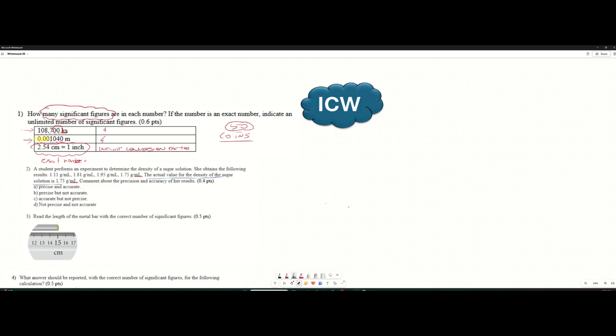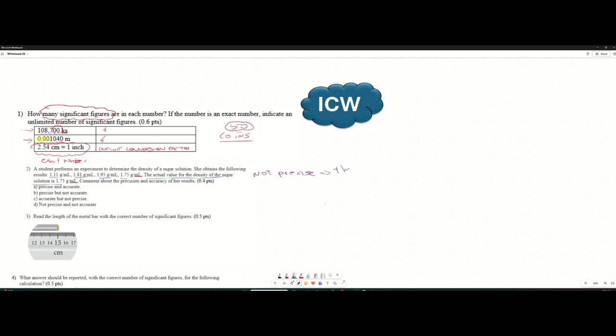But a student performs an experiment to determine the density of sugar and got 1.11, 1.81, 1.95, and 1.75. So the values that she got are completely different from each other. 1.11 is different from 1.81. It's far away from each other. So there is no precision over here. Not precise. And why is it not precise? Because the individual data points vary from each other.